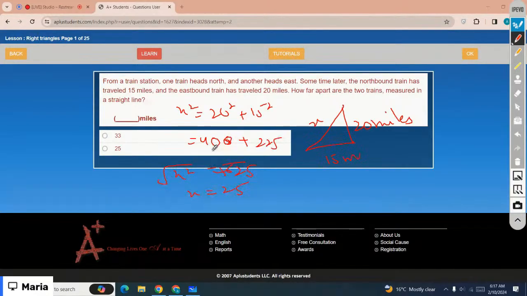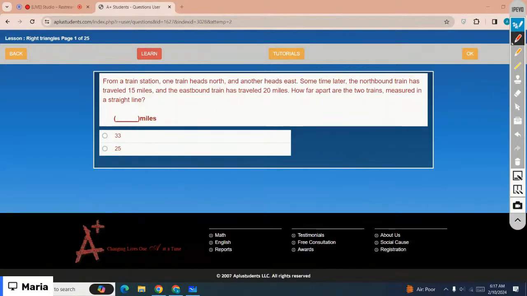That means the distance between the two trains is 25 miles. The correct option is 25 miles.